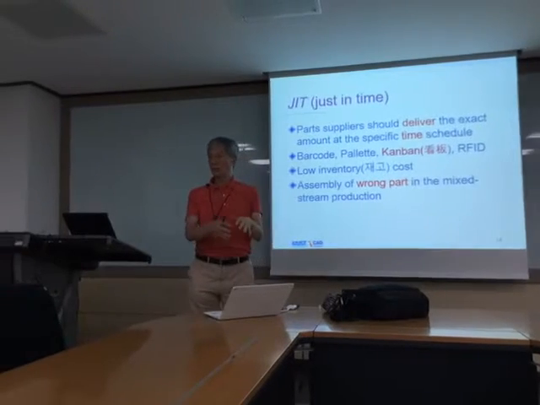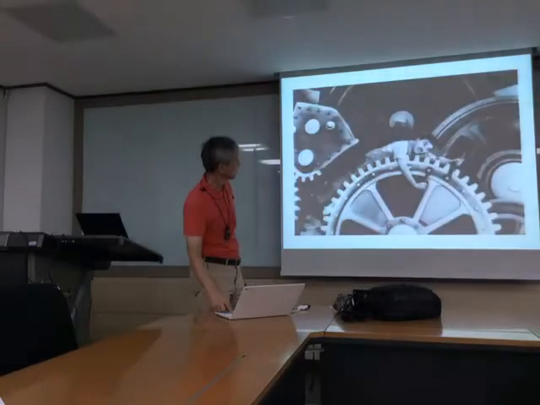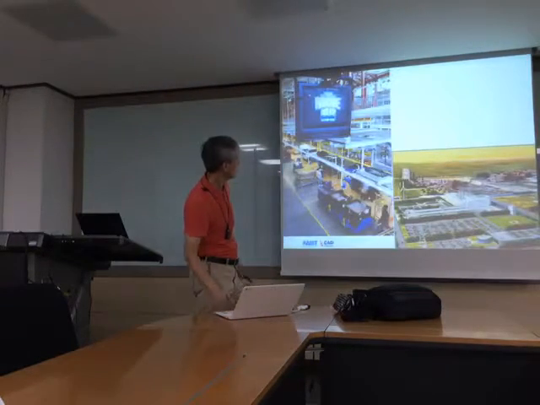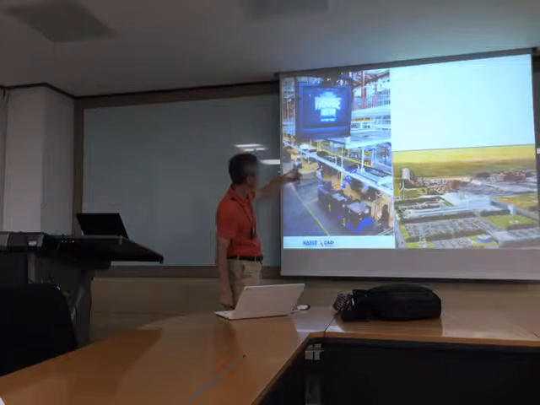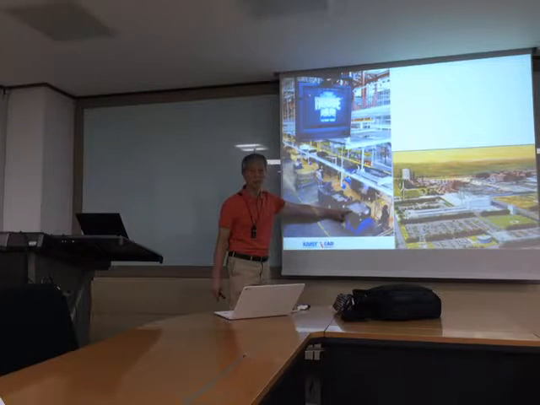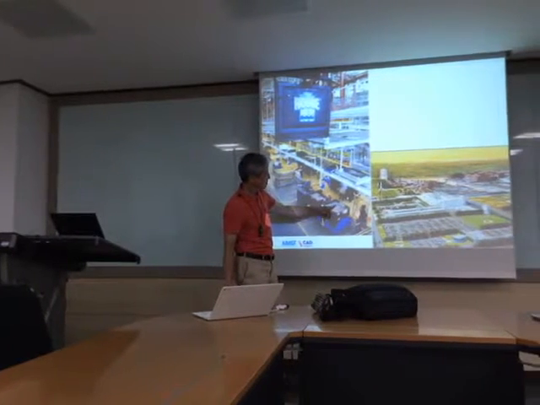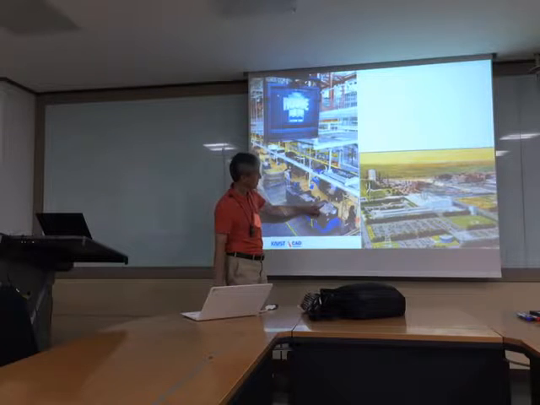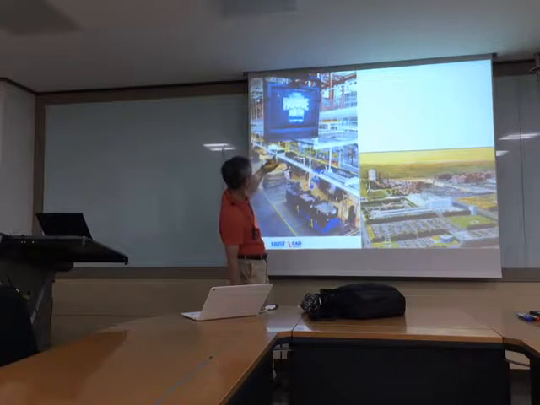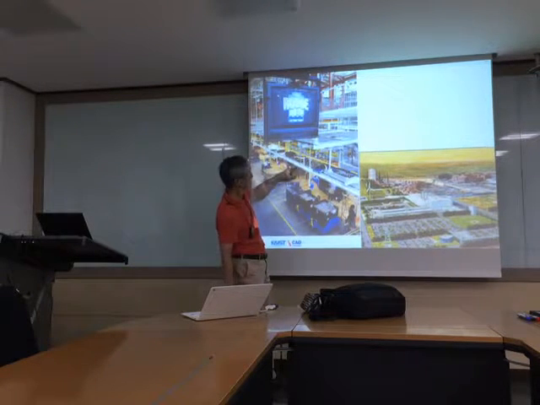So there is a pallet. May I see this pallet here? This looks like a pallet, a stacking of pallets. This is a part that should be assembled, and this person should pick up one part from here and assemble it to this car, and this car, and this car. The cars are different. You see that the color is different.